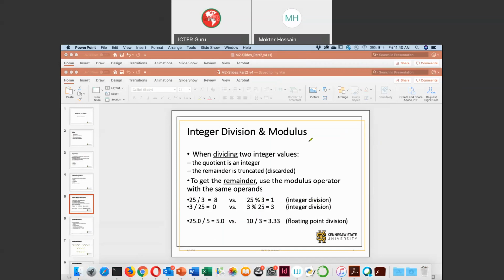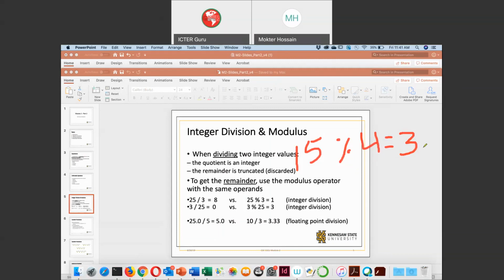Similarly, if I say 15 modulus 4, then I will get what? Yes. This is the dividend, and this is the divisor.